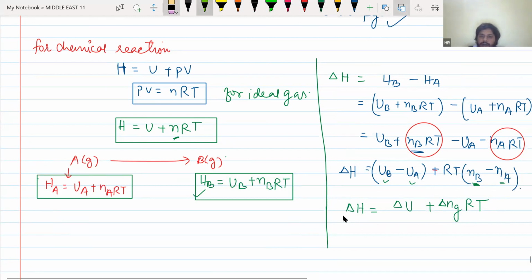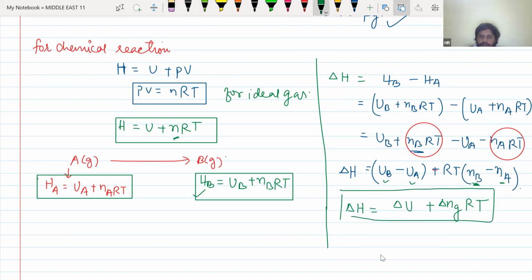So delta Ng equals the number of moles of gaseous product minus the number of moles of gaseous reactant, sum of all. And how do we find the number of moles?